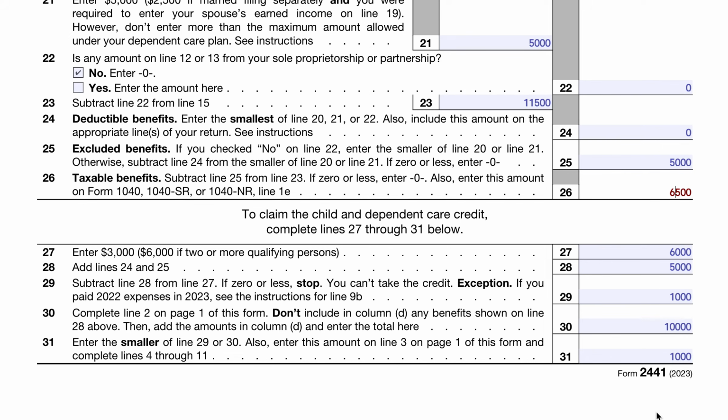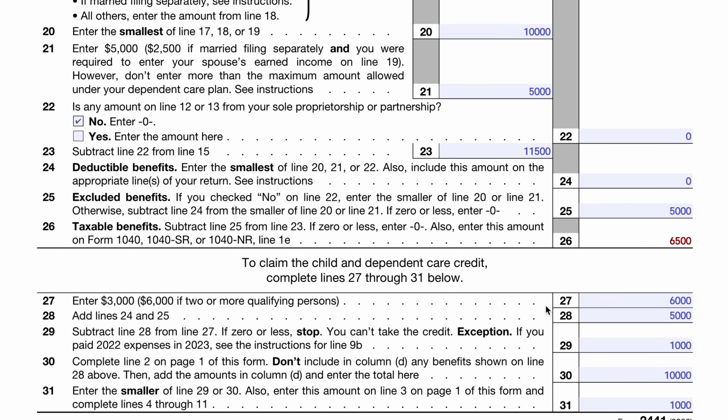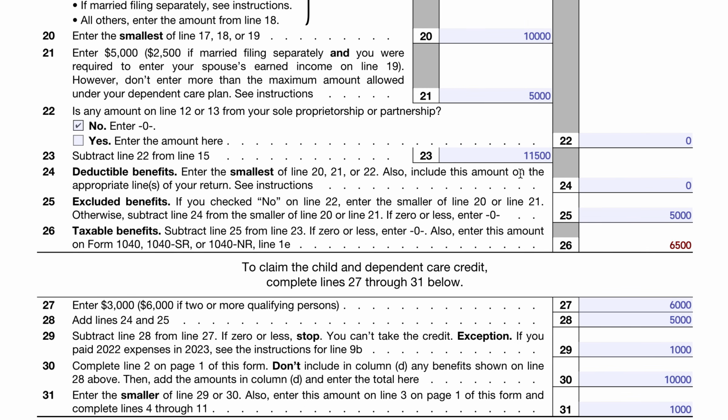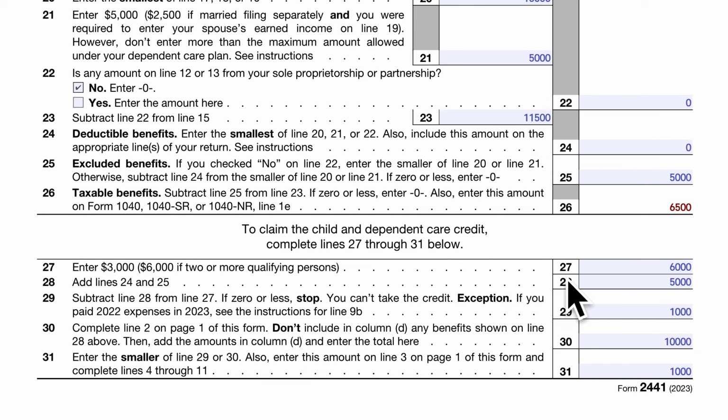That gives us $5,000, and we'll subtract the difference. So basically what we're saying is we excluded $5,000. So now we can calculate a tax credit on the remaining $1,000. If there's nothing remaining in line 29, then you have to stop. You can't take the credit. You would have to go back and include this in income and then calculate the credit accordingly.